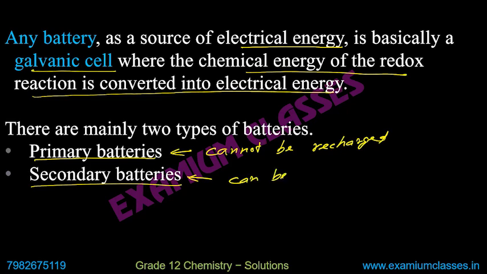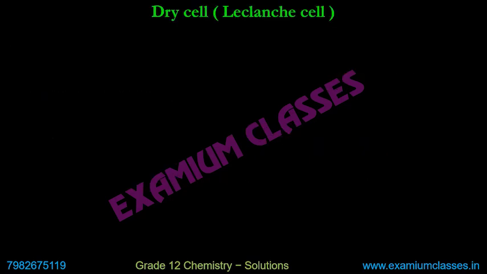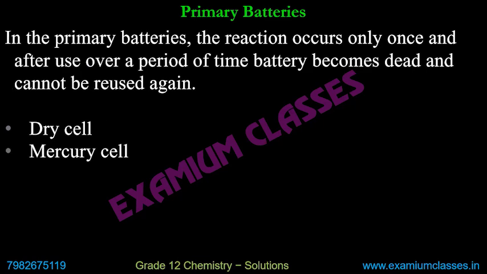Secondary batteries can be recharged and then reused. That's the only difference. So primary batteries, dry cell and mercury cell means these cannot be charged. Dry cell, mercury cell, once used, you have to throw.